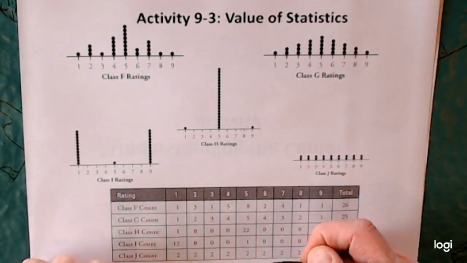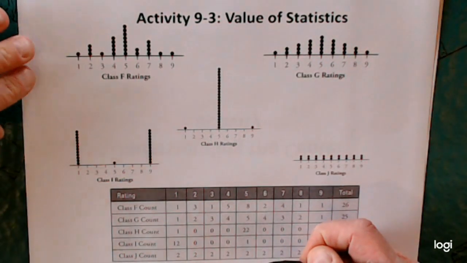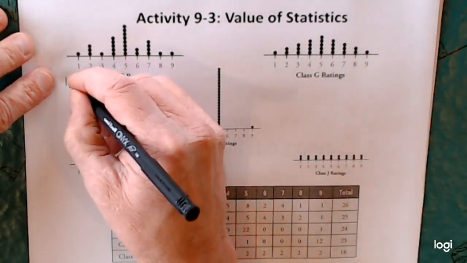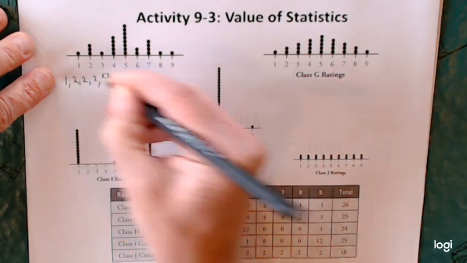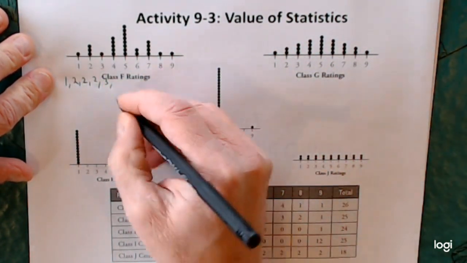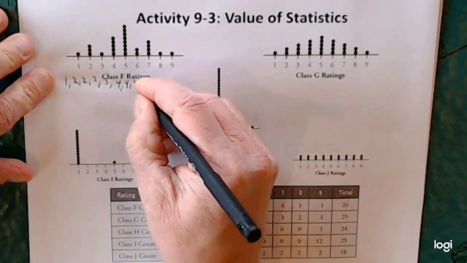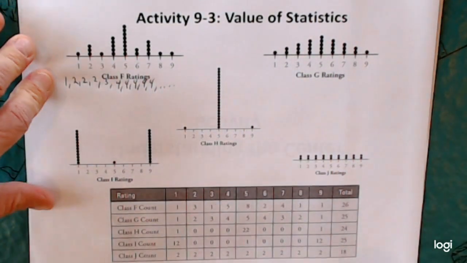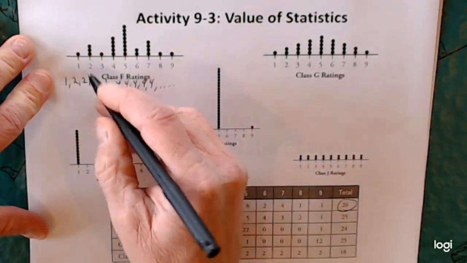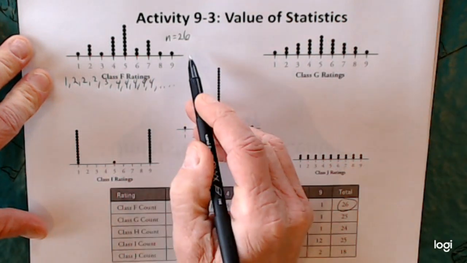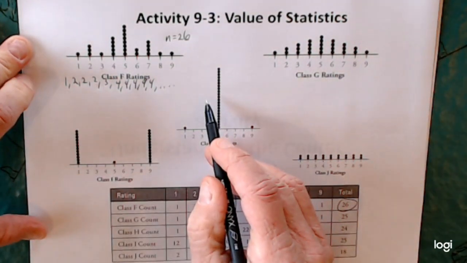So if we were actually to make a list of the data, it's going to look like 1, 2, 2, 2, 3, 4, 4, 4, 4, 4, and so on. And we notice there's 26 total observations. So there's 26 dots, and that's our data set.